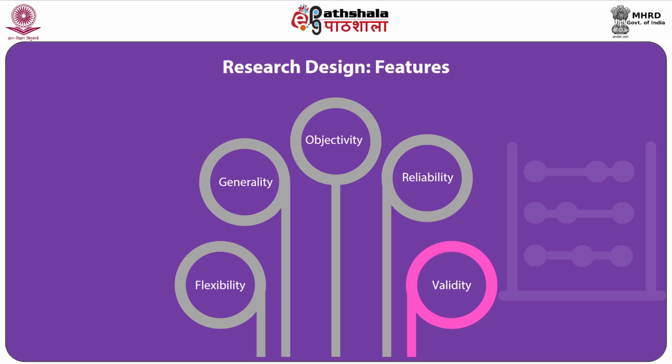It means that measuring tools such as intelligence score, attitude or opinion scales, or empowerment of women scales should measure what they are made for. For instance, if the tool is constructed to measure empowerment of women, it should measure only the empowerment of women and nothing else, and the responses from the respondents should be centered on empowerment of women only.